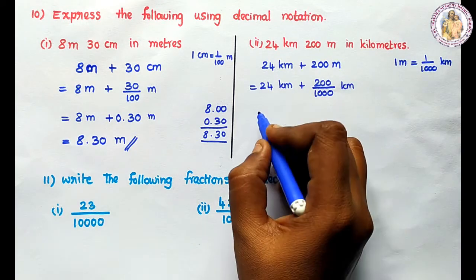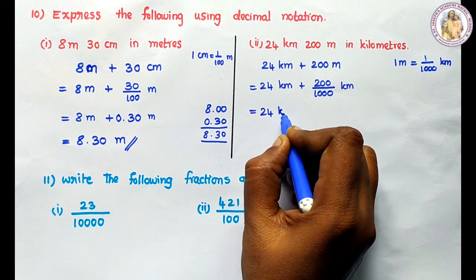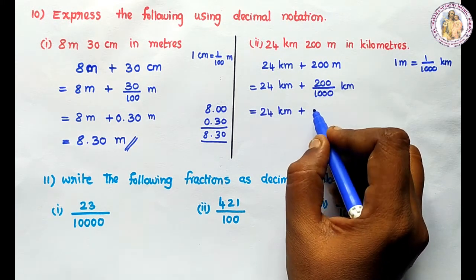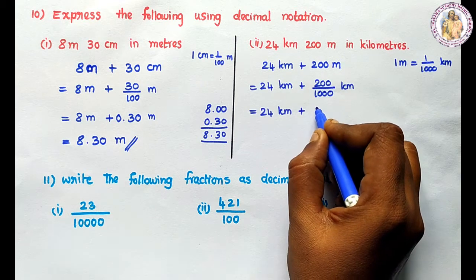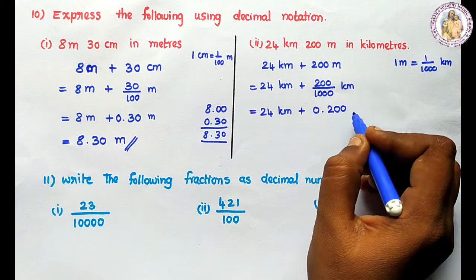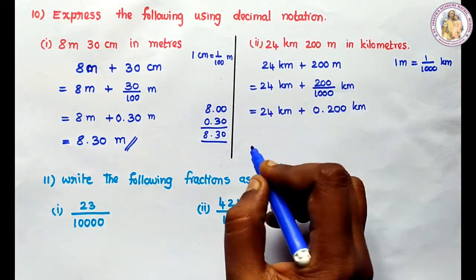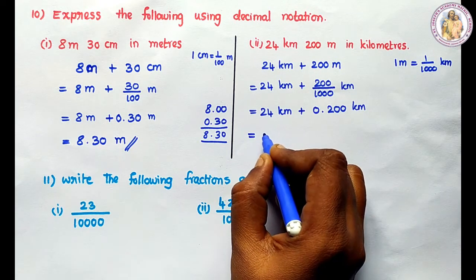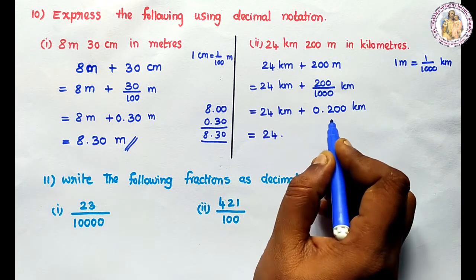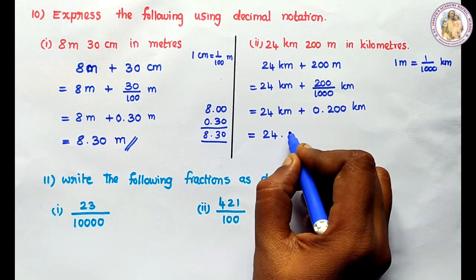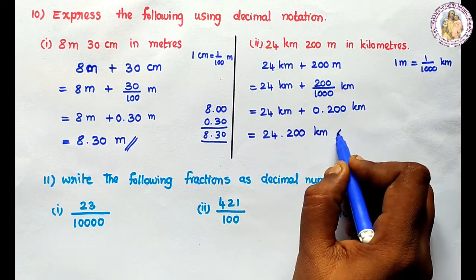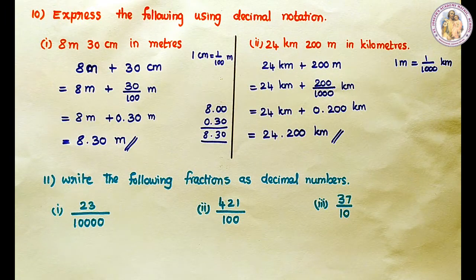Now 24 kilometer plus 200 divided by 1000 means 0.200 kilometer. Now add this one means we get 24.200 kilometer. That is the answer.